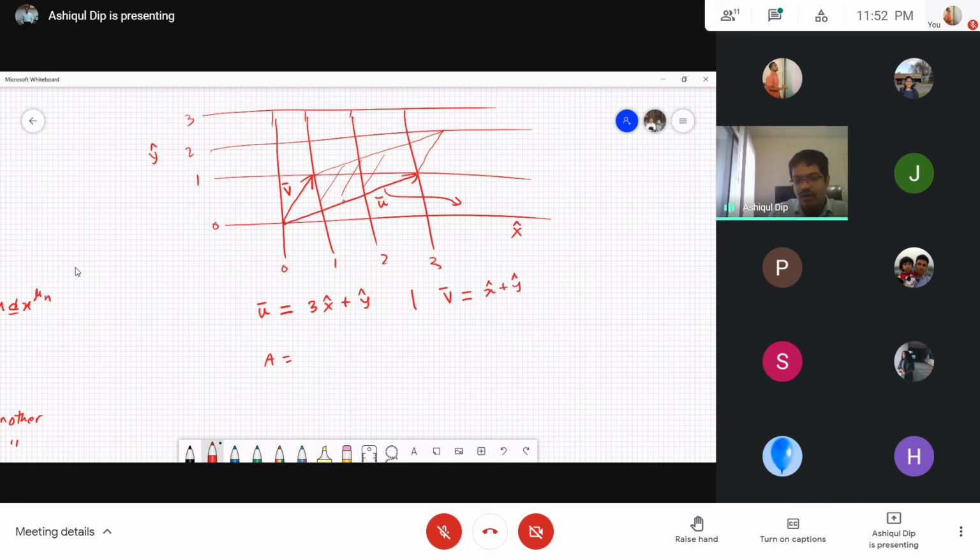How do I get that? Cross product. Okay, u cross v will give me a vector, but I want an area. So take the absolute value, the magnitude. Take the norm.